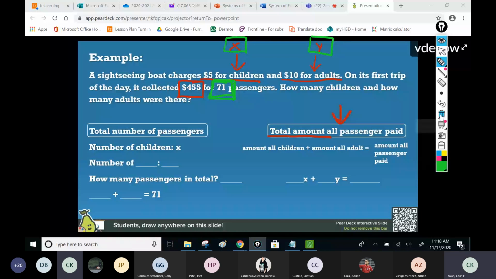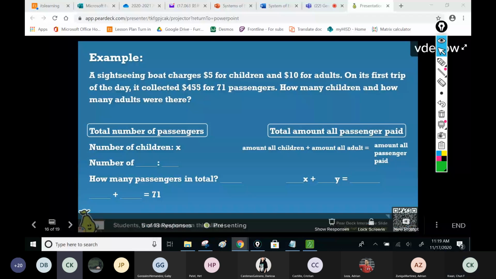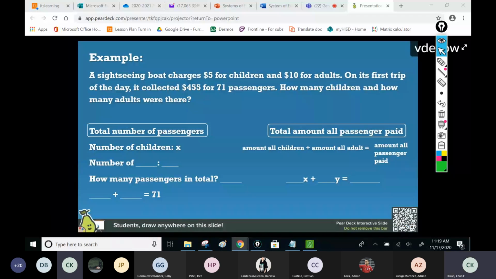So go to Pear Deck and tell me what are the 2 equations. Wow, yeah, some of you guys are doing really, really good. All right, so, okay. Mango, you got one of the equations. Can you get me the other one? And then Javier, you got one of the equations. Can you get me the other one?